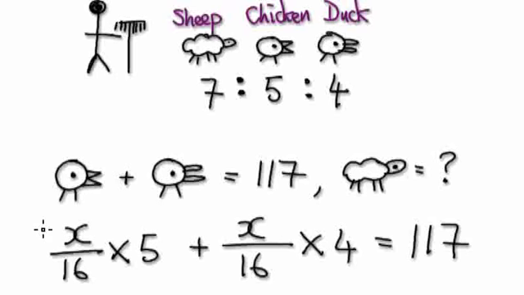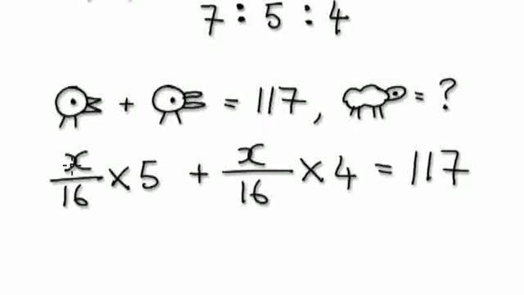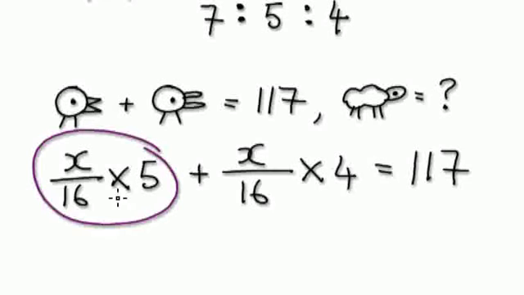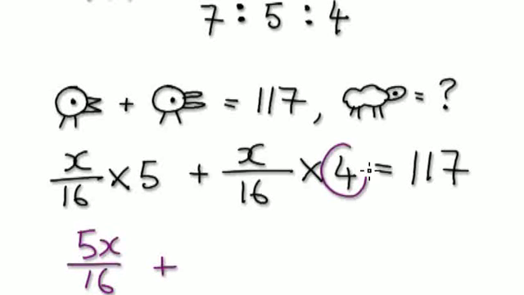Remember that X represents our whole population. So here it's just a matter of using algebra now. This is multiplying our fraction, so it gets multiplied to the top. So this bit here becomes 5x over 16 plus, well, this here is multiplying a fraction, so it gets multiplied to the top.